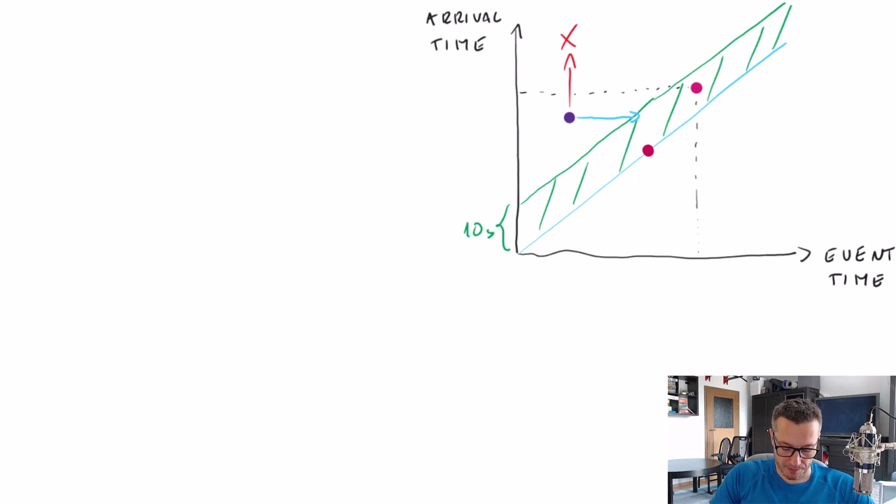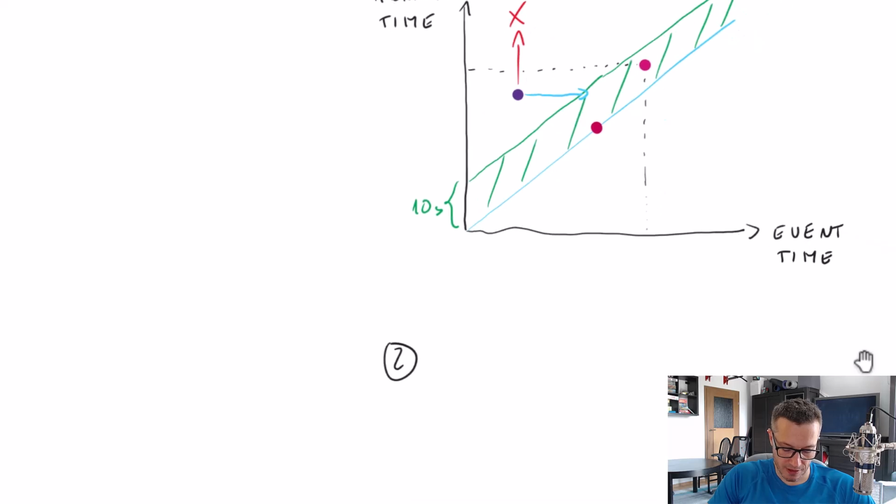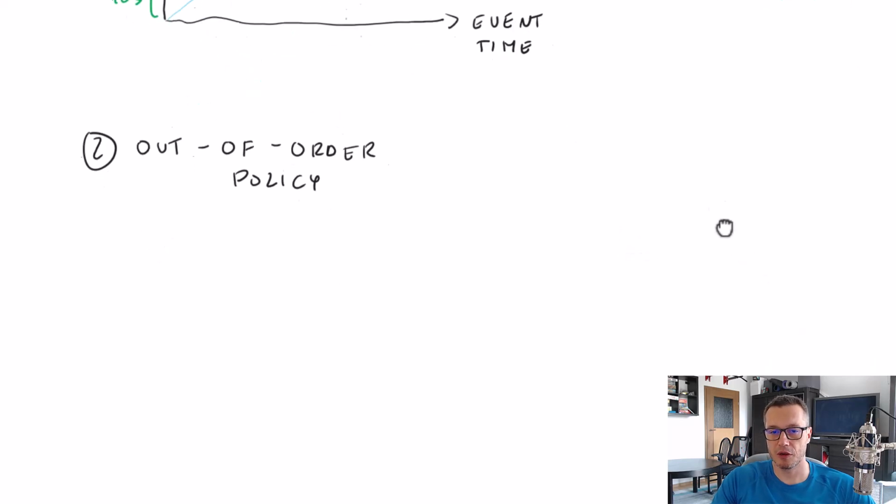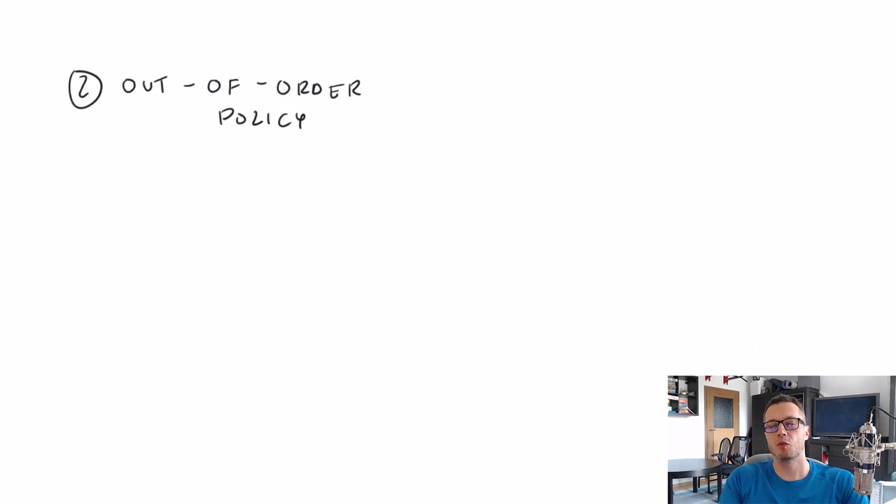The second one is used to handle those events that arrived out of order. And it is called the out of order policy. And how does it work? Well, here basically we define a buffer, a delay, that tells how long Stream Analytics should wait before it starts processing events after they were received.